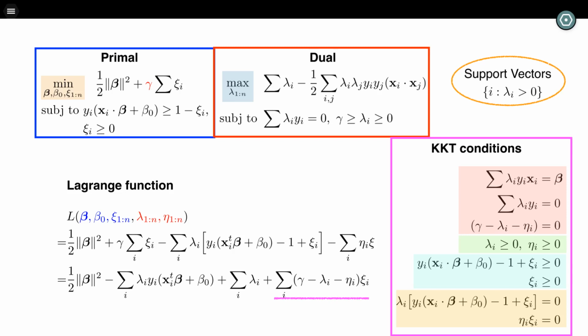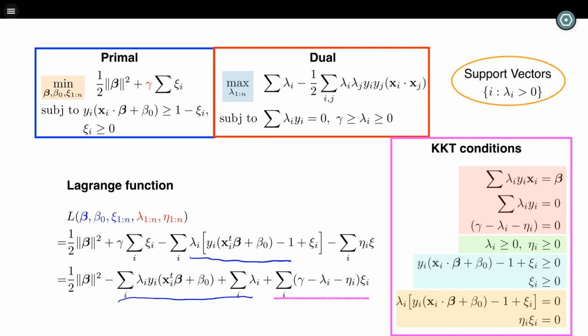So let's do some simplification. The first term we copy down, and then we take this term all the way to -1, which corresponds to those 2 terms, right? Because it's the sum of lambda i times this minus this, plus the sum of lambda i. And the remaining terms are related to psi i.